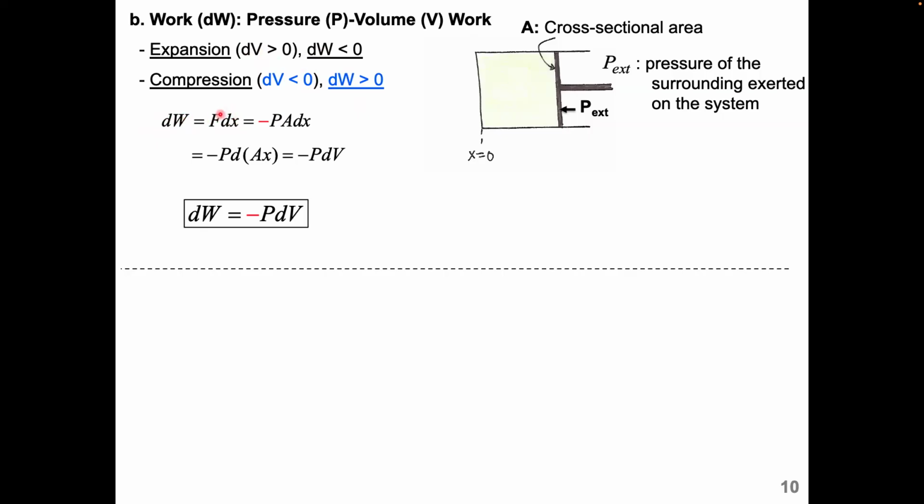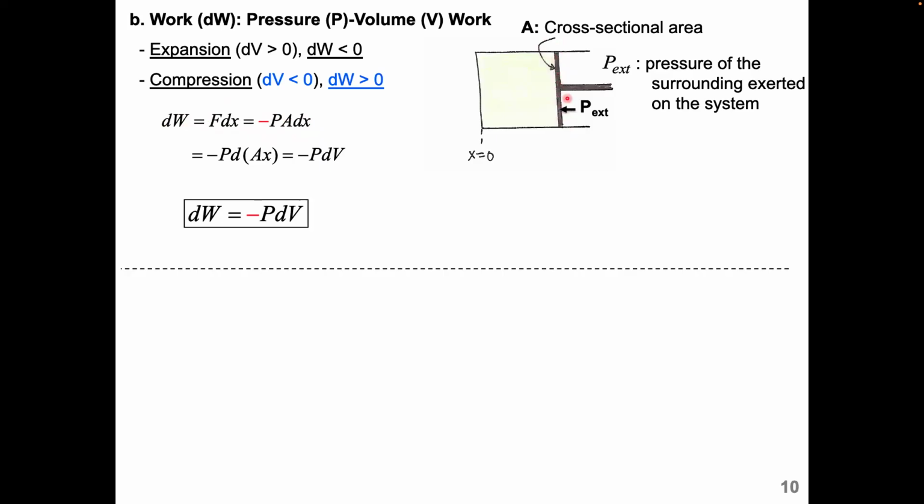This you should already have learned. F is the force, dx is the displacement. And the force here, in order to correlate the W and dx, we actually need to put a minus sign here: minus PA. P is the pressure, A is the cross-sectional area of this piston.